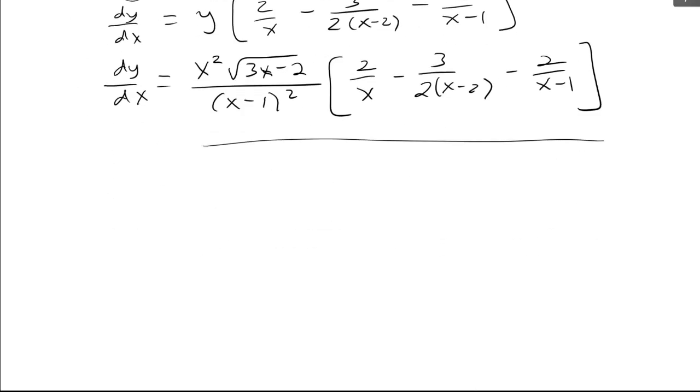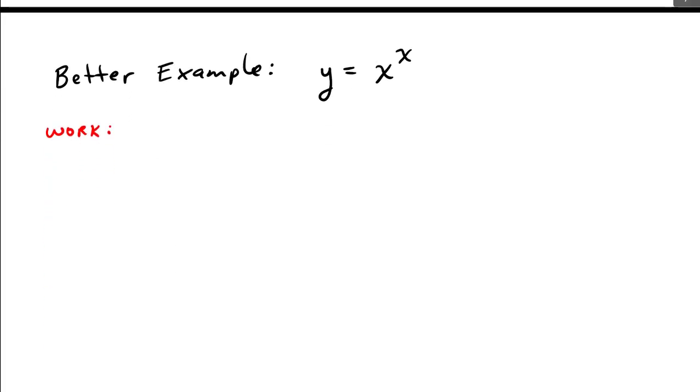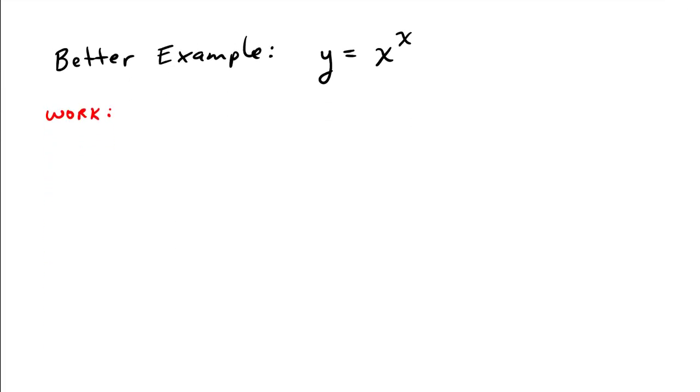So let's go to another example, which is probably a better example because this is someplace where logarithmic differentiation must be used, because if you'll notice, with x to the x, I have a function of x raised to another function of x. This is a type of problem where I will need to use logarithmic differentiation. So let's take a look.